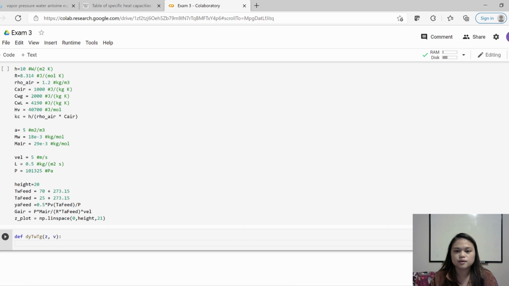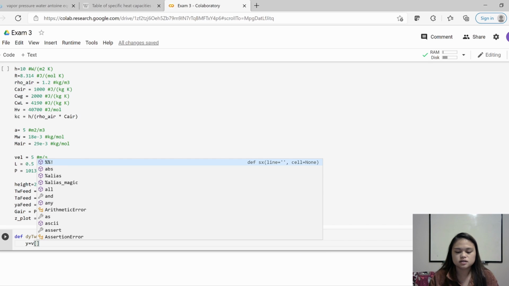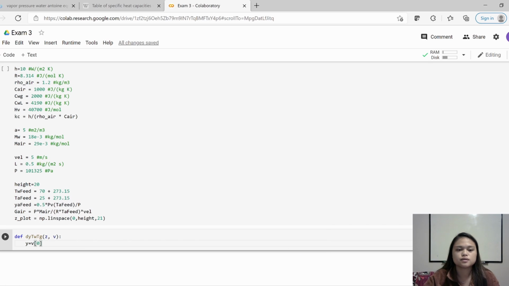Alright, so now I just want to redefine these variables. What we're going to be getting out is that mole fraction, and that's going to be the first element in the vector. The indexing starts from 0 for Python, so it's going to be 0.